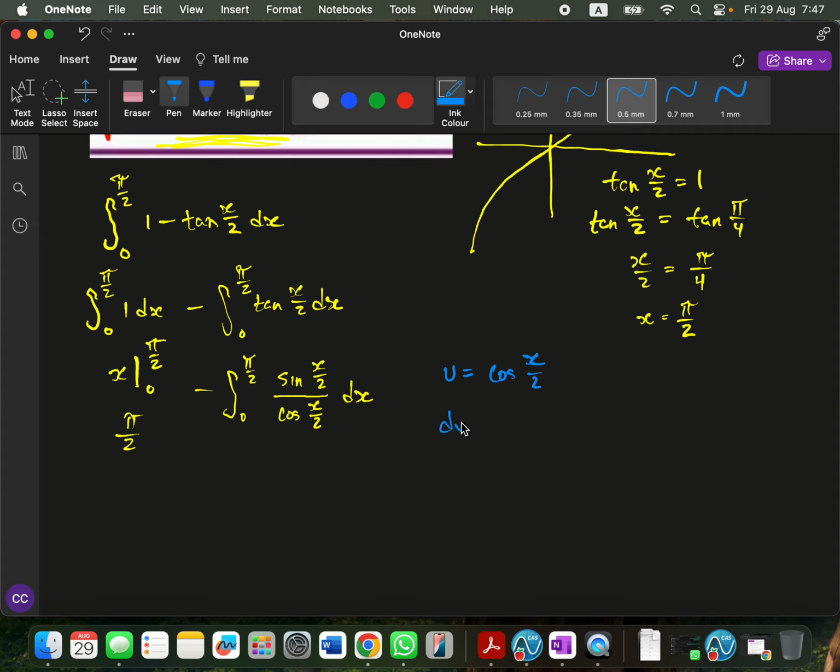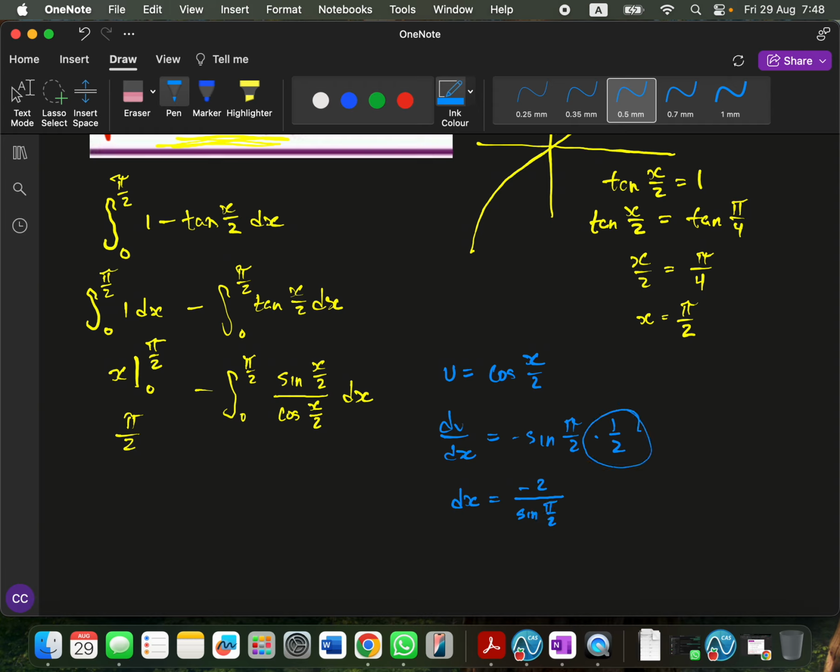So I'm going to do du dx is the same as negative sine of x over 2 times 1/2. Making the switch here, I get dx is the same as negative 2 over the sine of x over 2.